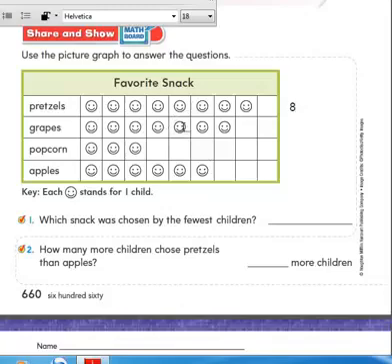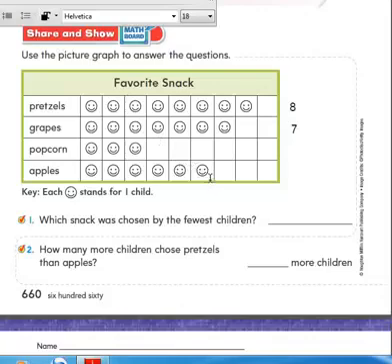So the key here is what? The key is that each smiley face represents or stands for one child. What about the grapes? Let's count together how many smiley faces are in the row of the grapes. 1, 2, 3, 4, 5, 6, and 7. So there are 7 children.